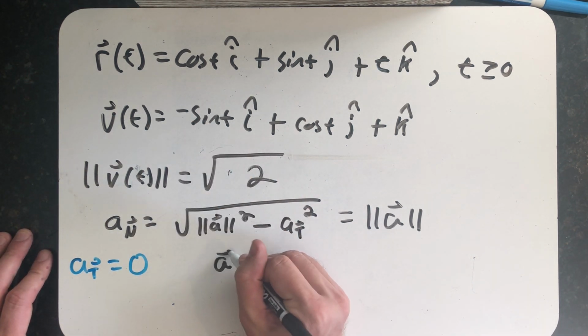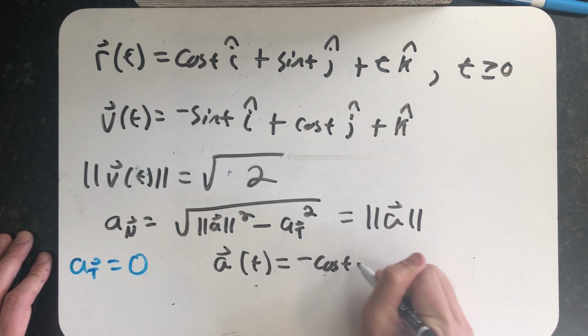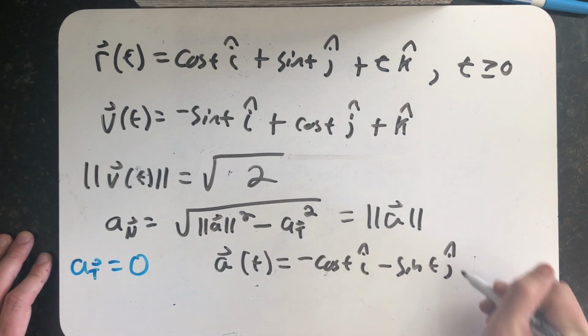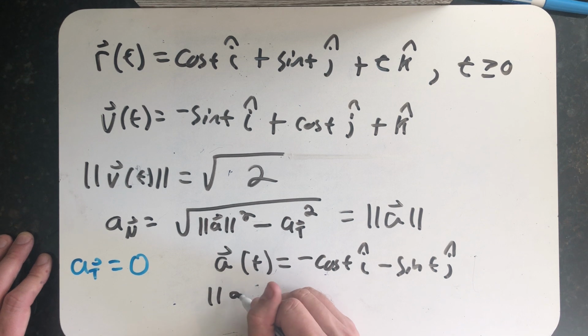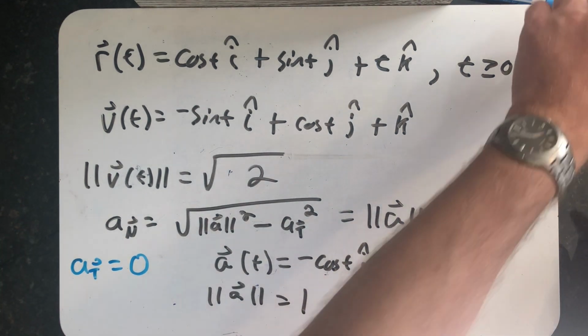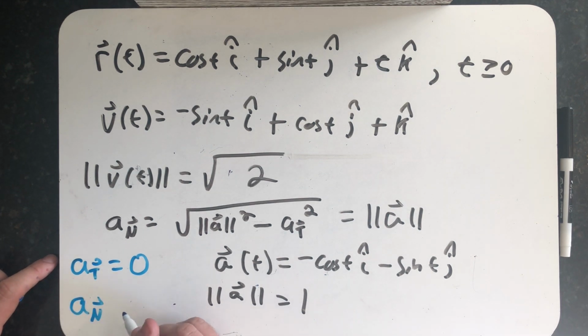So one more derivative. There's the acceleration vector itself, the magnitude of which is 1. All right, so now I'm ready to write down the normal component of acceleration, a sub n.